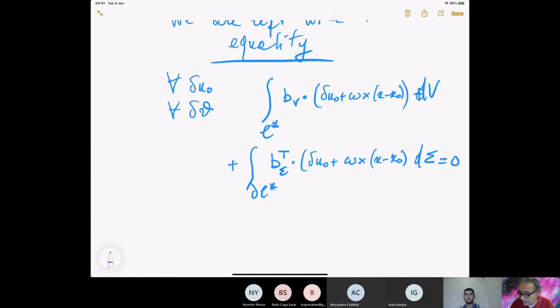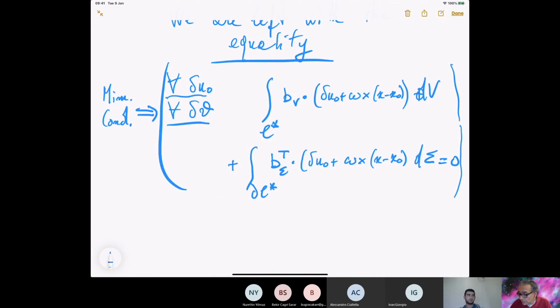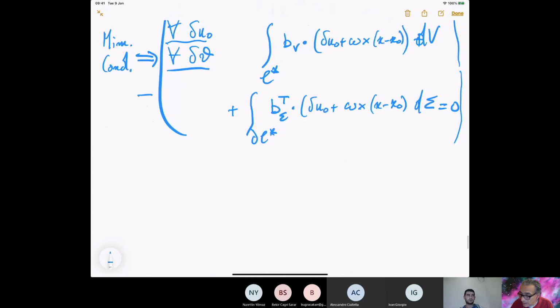Remark that the minimization condition implies this. Why? Because the opposite is not true.